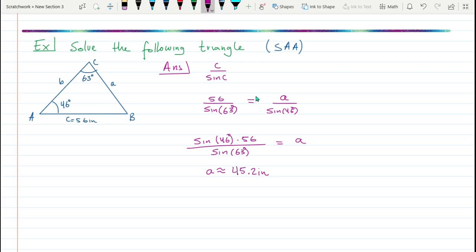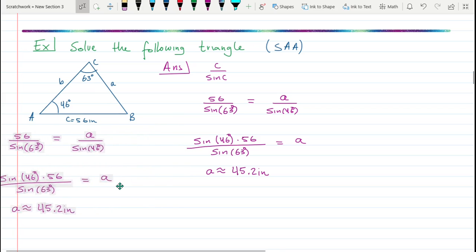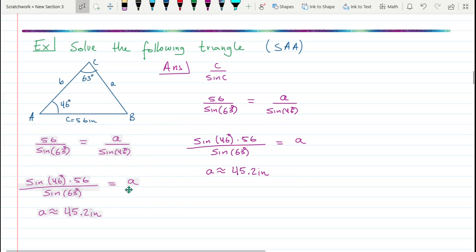So if you plug this into the calculator, you get that length A is equal to 45.2. Okay, so we can move that off to the side since we figured that part out.